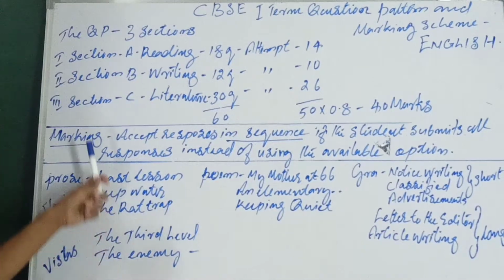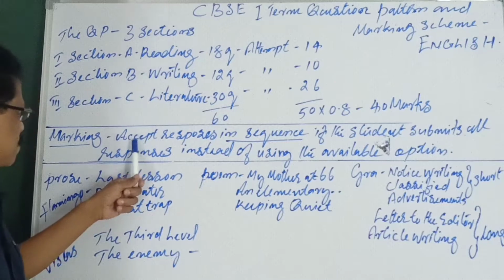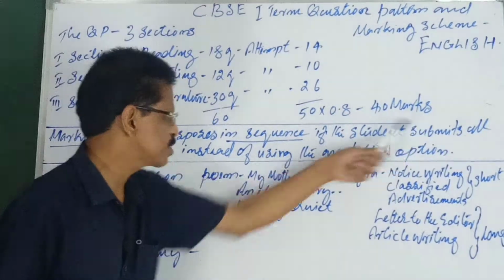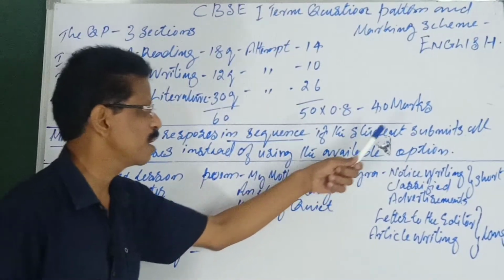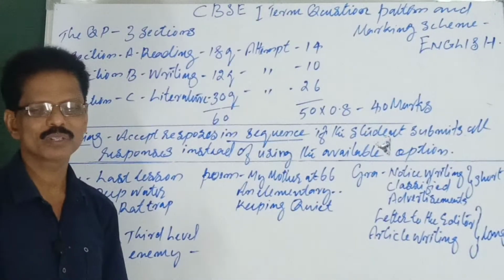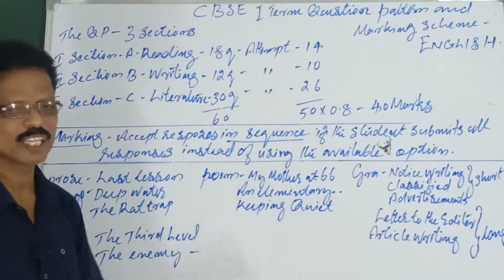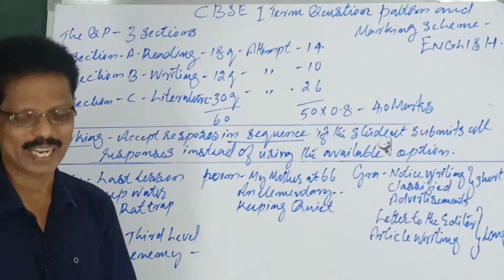Repeating once again, it is an instruction to teachers: accept responses in sequence if the student submits all responses instead of using the available option. So there is nothing wrong in writing only 50. That is better, because time management is very, very important.